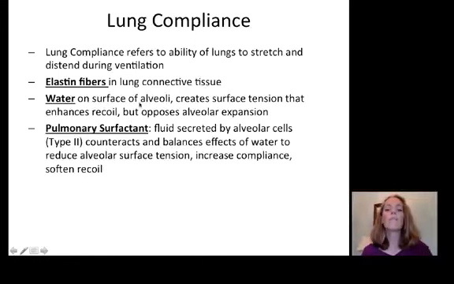Water alone is not enough to keep the airways expanding and recoiling. We need to add this fluid secreted by the alveolar cells to balance out that water. That makes sure that the surface tension doesn't get too high and increases the elasticity and recoil of the airways.